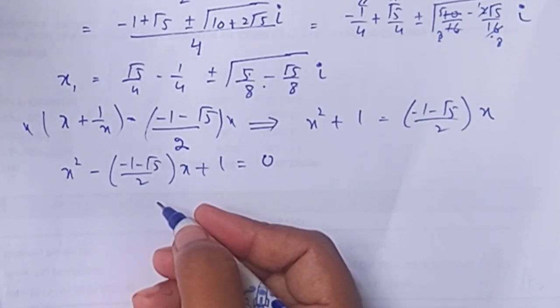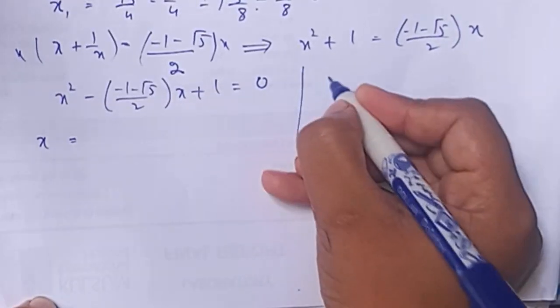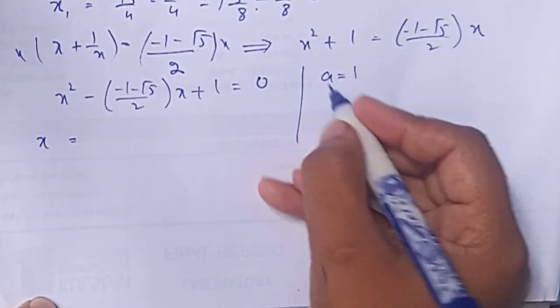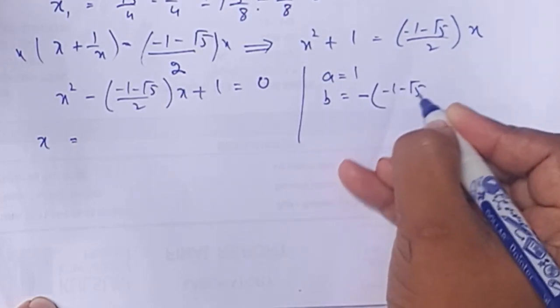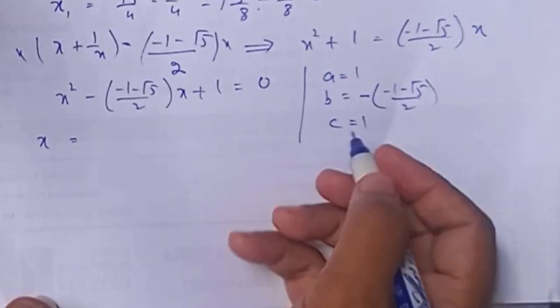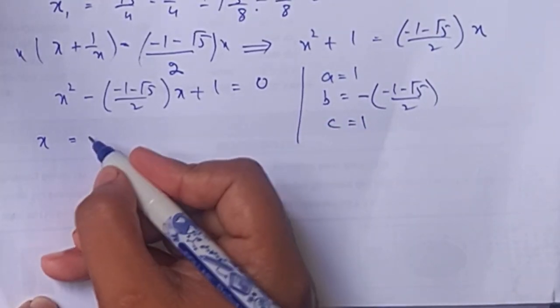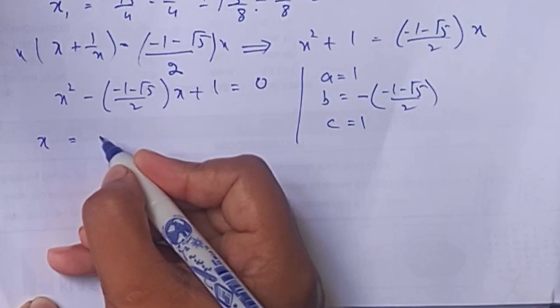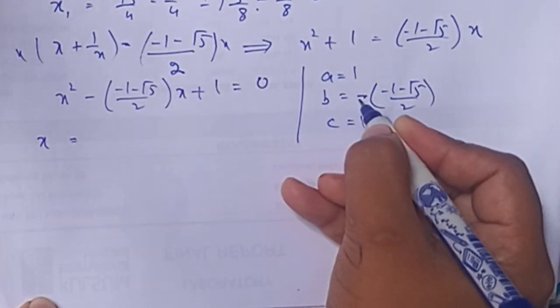Now this is a quadratic equation. So we use a formula. In our case, a it's 1, b it's equal to minus 1 minus square root 5 over 2, and c is equal to 1. So substitute this value in the quadratic formula. The formula is minus b, and b is equal to this, so minus b will become a positive of this value.